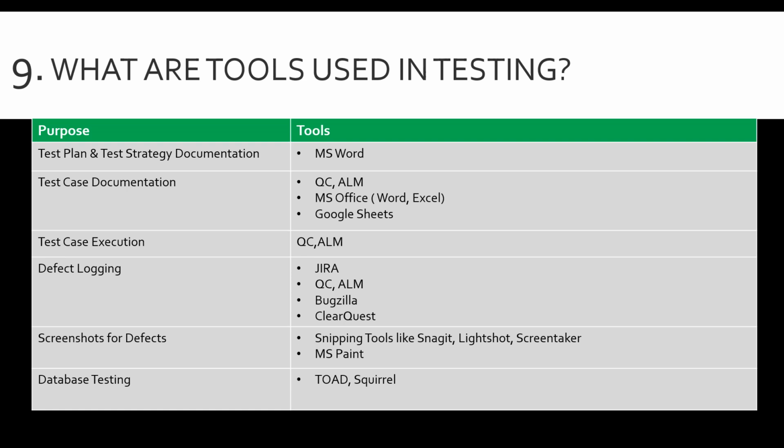This helps to provide more details in the defect for the business analyst or also the development team for quicker resolution. And in case there's database testing involved, then Toad or SQL is commonly used. So these are some commonly used tools. You can just pick and choose based on your experience while answering this particular question.